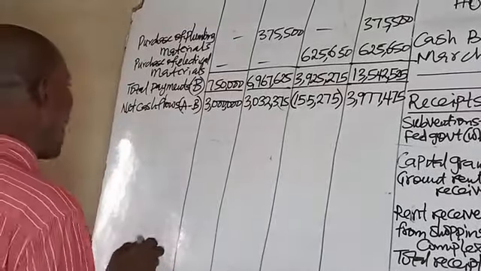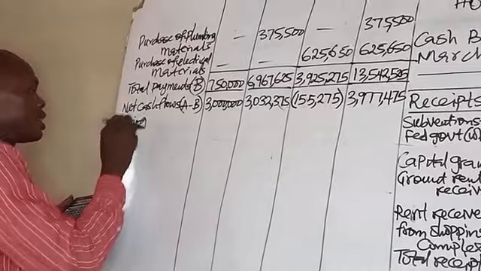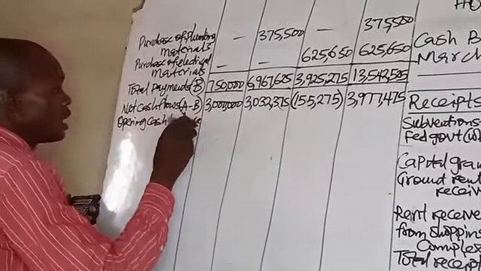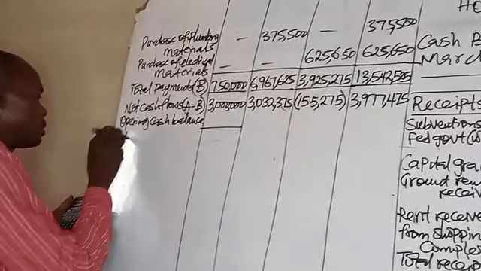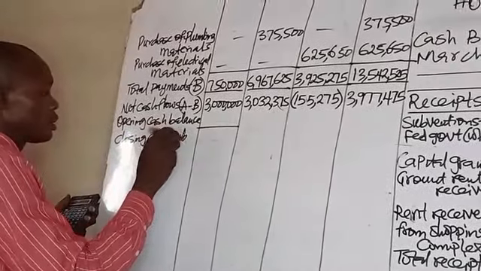Then you now add your opening cash balance. If you add that, then you get the closing cash balance.